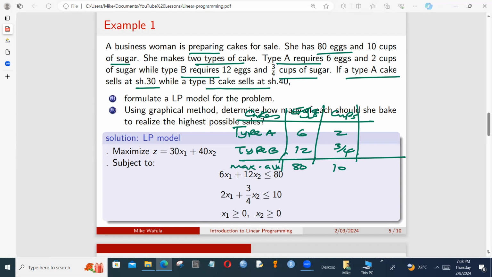So from this, we can begin by defining our decision variables.